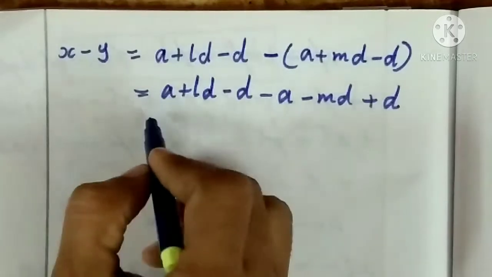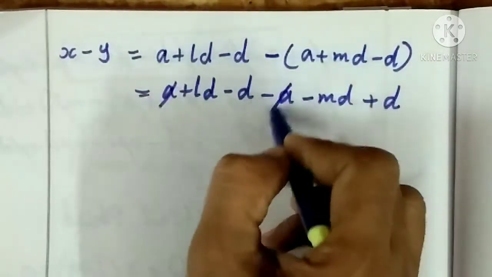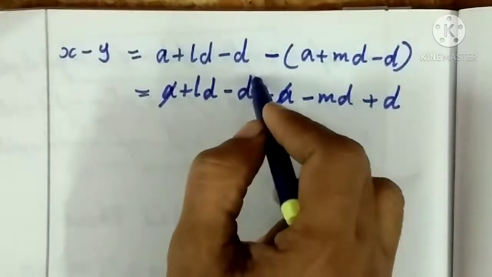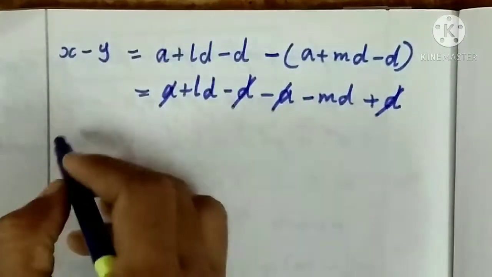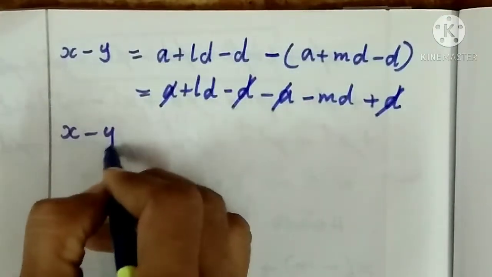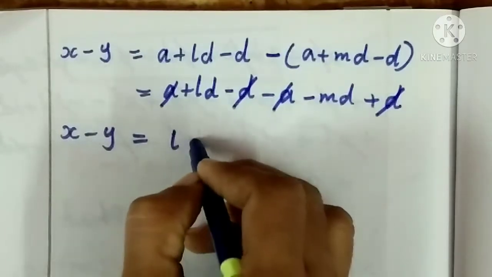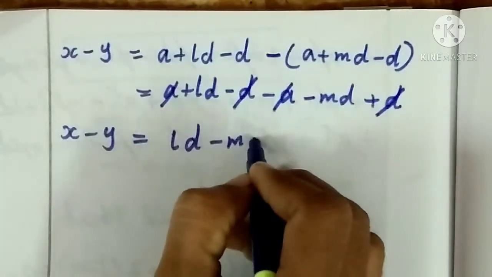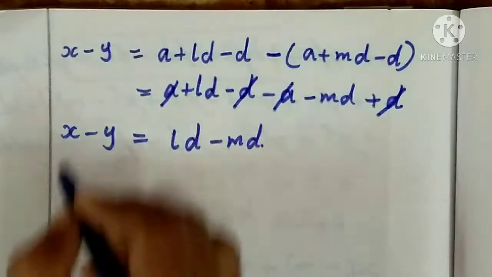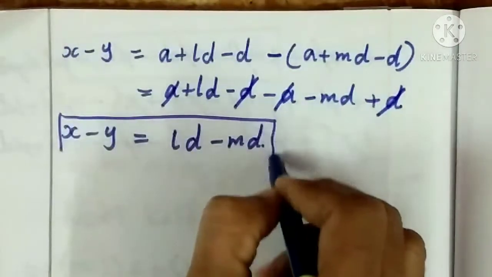Here plus a minus a cancel, then minus d plus d cancel and we get x minus y is equal to LD minus MD.